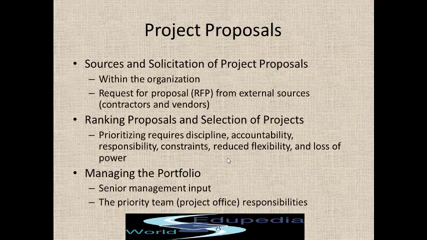Then you have managing the portfolio. Once you have the portfolio of projects, the senior manager and portfolio manager need to manage the portfolio of projects with input from the senior management team and the project office team.